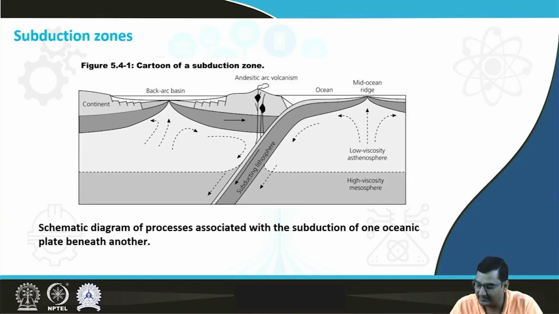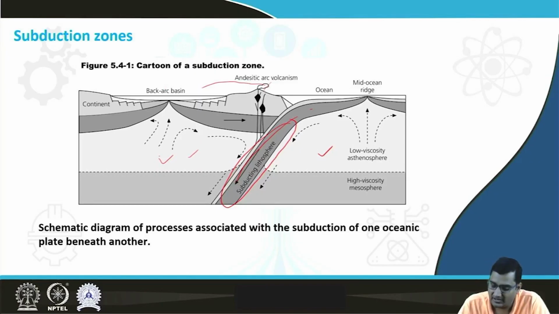You can see this is the oceanic plate here, and this is another oceanic plate, and this one is subducting beneath the other plate, forming this slab-like structure. On top of it, on the other plate, you can see the volcanic arcs forming, and behind which there is the back arc basin, in the form of the mid-oceanic ridges, and this back arc basin is opening a new ocean basin over here. This is what the construction looks like.